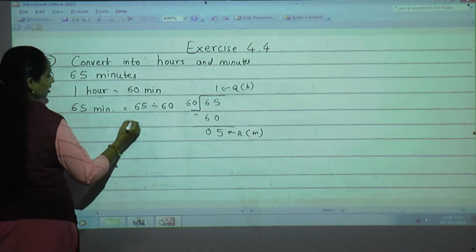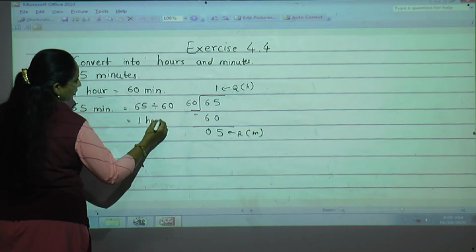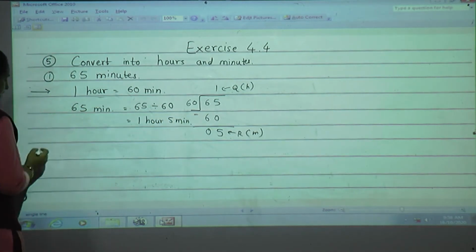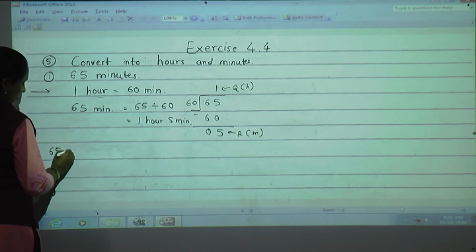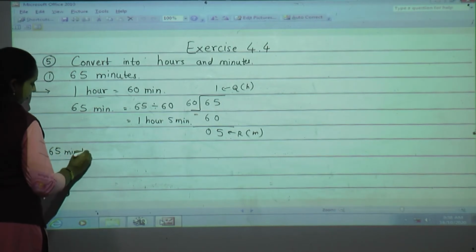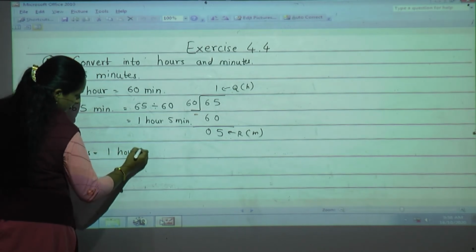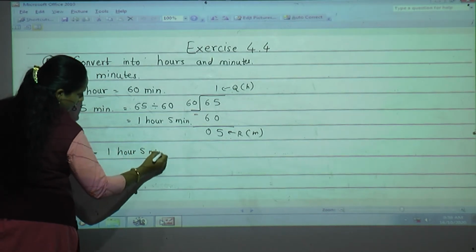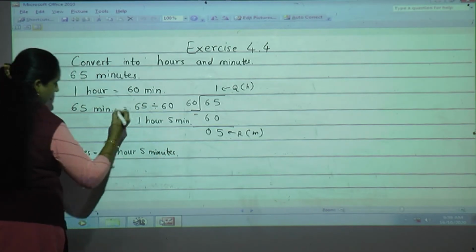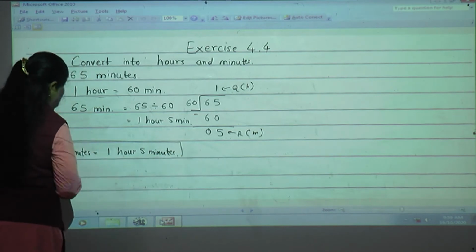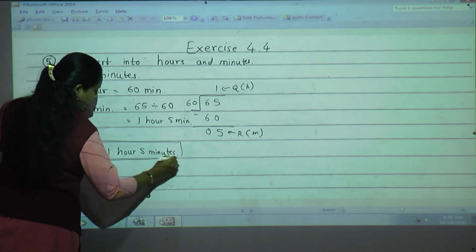So what is the answer here? 1 hour 5 minutes. So write once again. 65 minutes is equals to 1 hour 5 minutes. In this way, and do the bracket with pencil and scale.